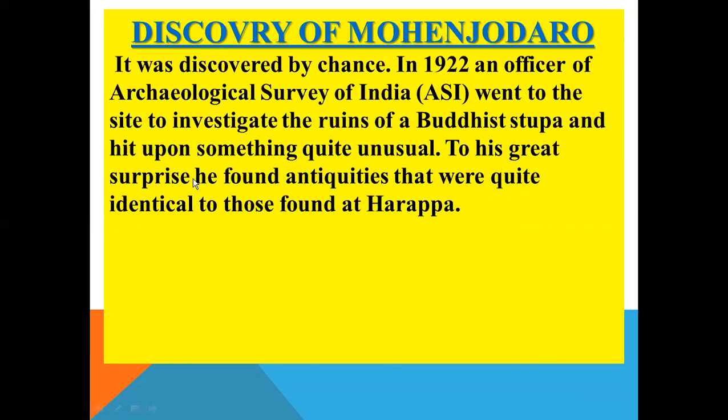To his great surprise, he found antiquities that were quite identical to those found at Harappa. Antiquity means the ancient time and things which are very old. So it seems that the Harappa civilization and the Mohenjo-Daro civilization are very similar to each other.